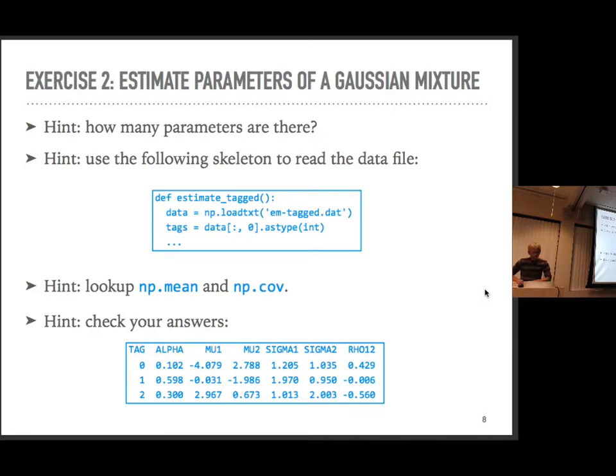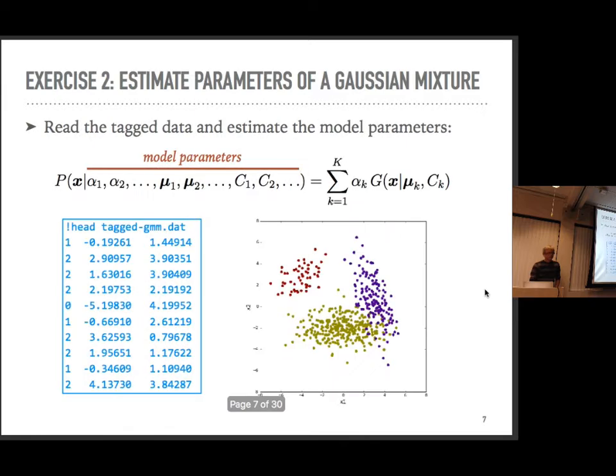Can you index with a tag equals 1? Yep. The data, say, is... so where to the call.